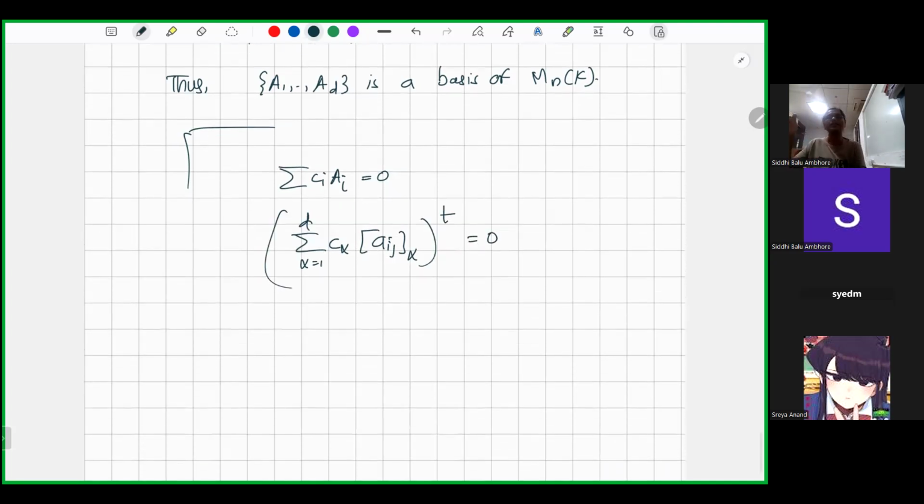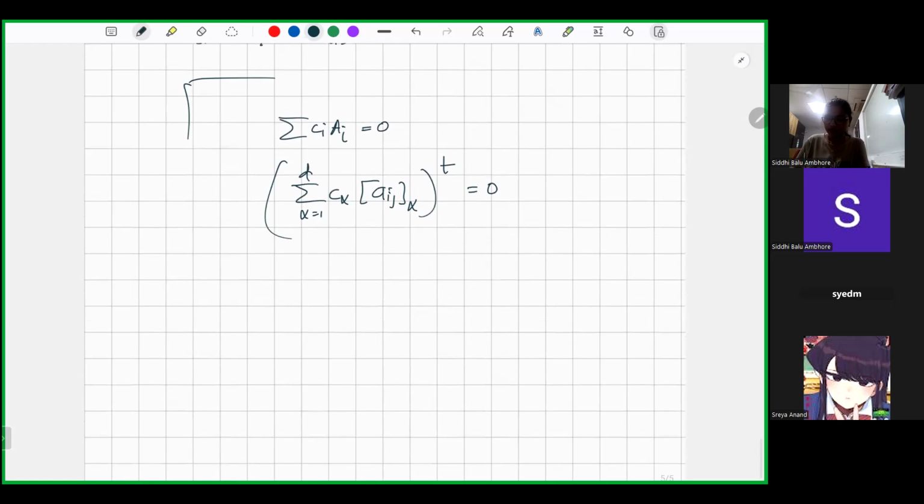So each Aij entry is 0, entry-wise. What I'm trying to say is that instead of looking at the whole matrix, we can also look at each entry of that matrix. If this is 0, then C1 A1 alpha n, and so on, up to Cd A i d, and so on, will be 0. And the transpose will always give me a linear combination of those same elements, which will be 0.